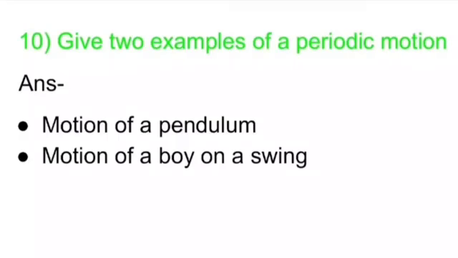We have already discussed in the previous lecture that the motion of a pendulum is an example of periodic motion. And the next example is motion of a boy on a swing. This is also an example of periodic motion.